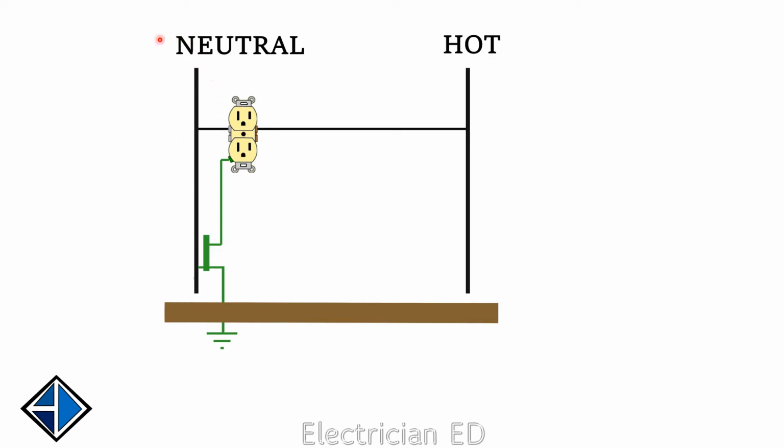So this is the path back to your source. It may go through another panel to get back to the main panel, but in this case, this is the connection that you would see at your main panel and only there, not anywhere else, because we don't want current normally flowing on your grounding system. We want to keep that separate from your neutral.